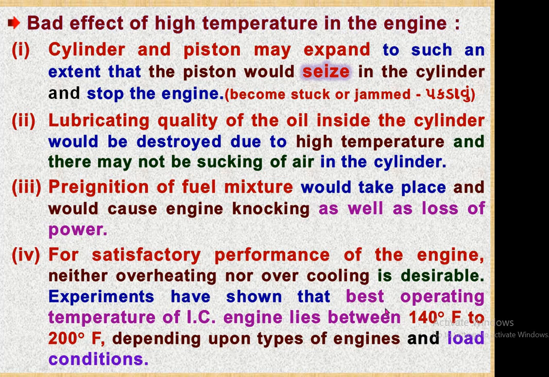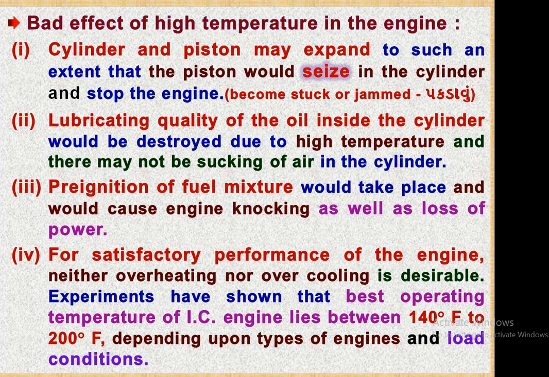If both these extreme conditions are there, then there will be loss of power in the engine system. Experiments have shown that the best operating temperature of an IC engine lies between 140 degree Fahrenheit and 200 degree Fahrenheit depending upon the type of engine and load condition. Means during the research on the IC engine, it has been found that the best temperature for optimum power gain should be 140 to 200 degree Fahrenheit depending upon the type of engine and how much load it is used for.